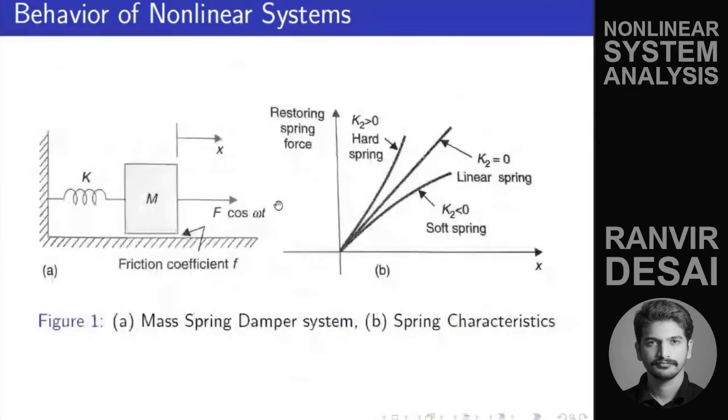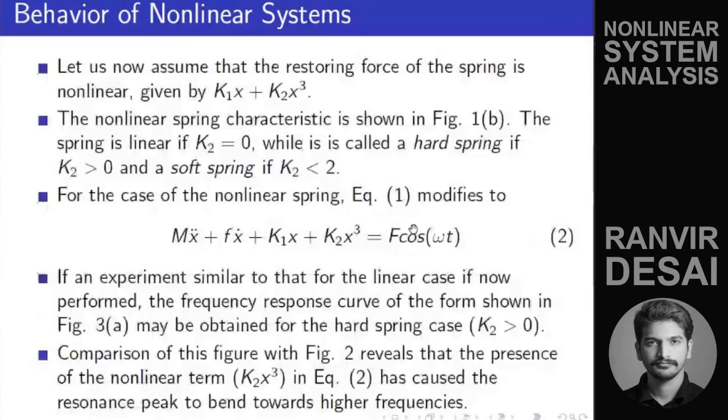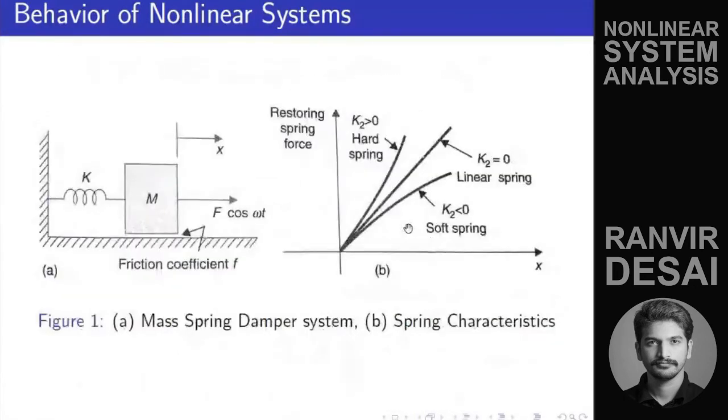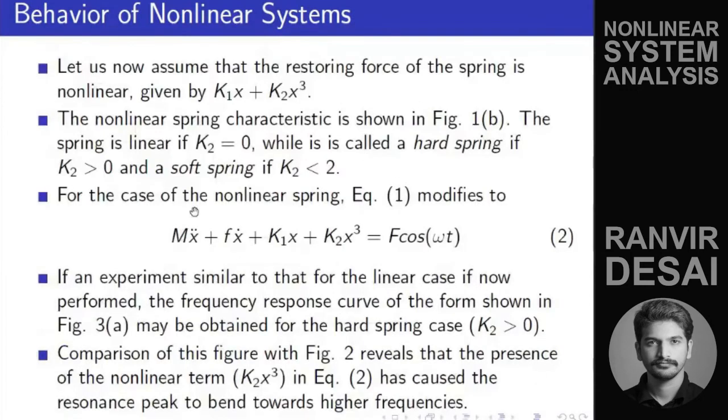Now let us consider that the spring, up to this point, was only linear. Now consider that the spring is non-linear, and it exhibits a behavior like this: K1 x plus K2 x cube.